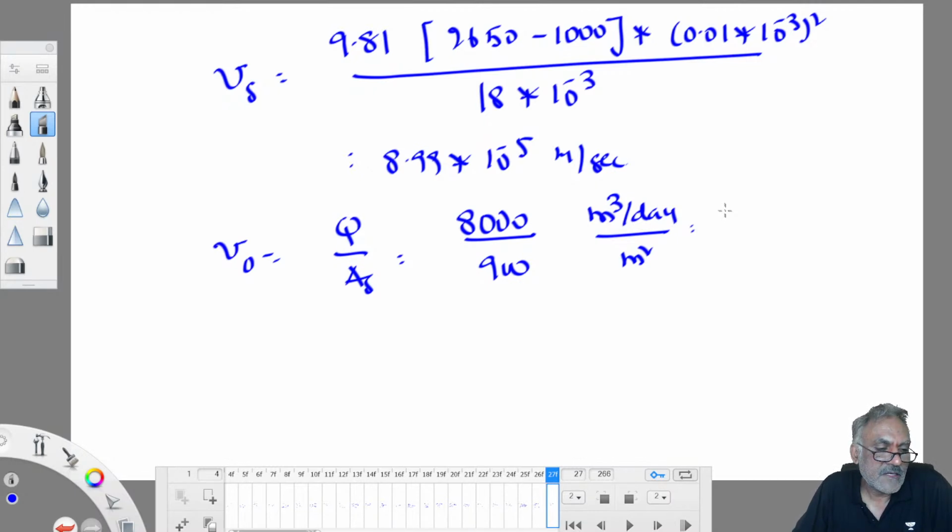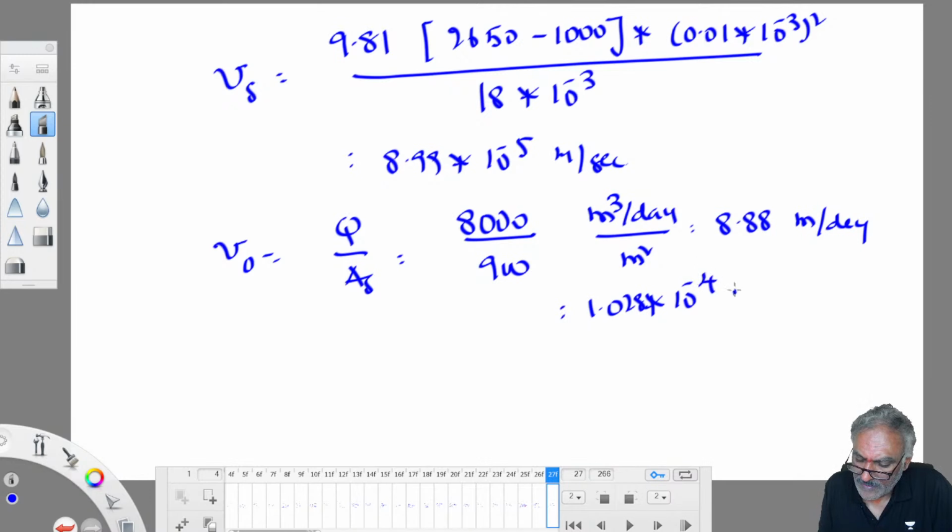So 8000 by 900 is 8.88 meters per day. To convert into meters per second, it is 1.028 into 10 power minus 4 meters per second.